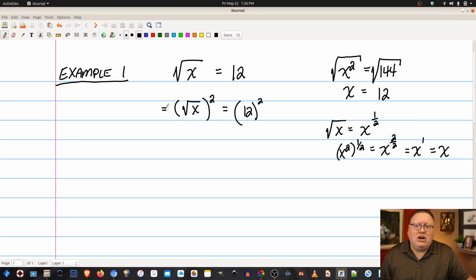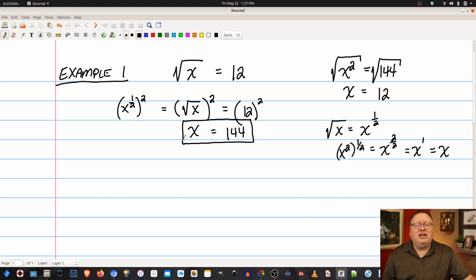And remember, this is x to the 1/2 squared. And in like manner as over here, we have x to the 1/2 squared is x to the 2 over 2, which is just x. And here we know 12 squared is equal to 144. And that is the solution to our equation.